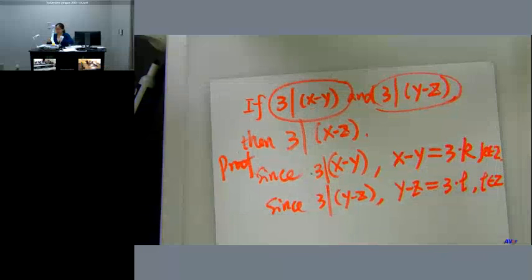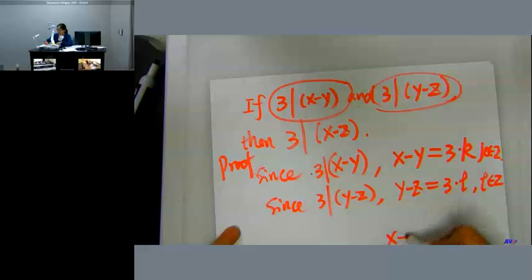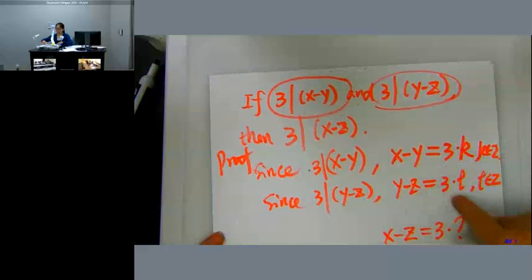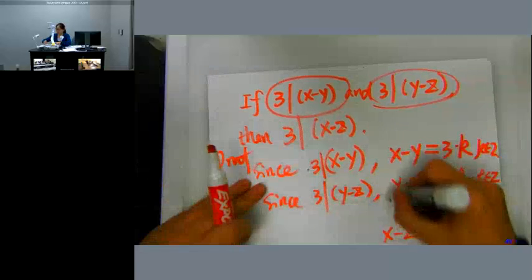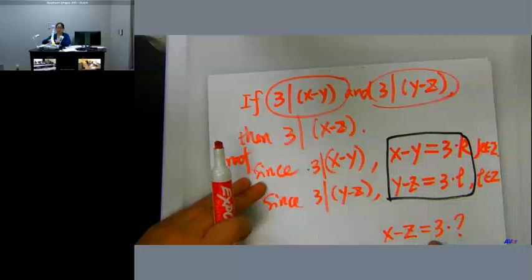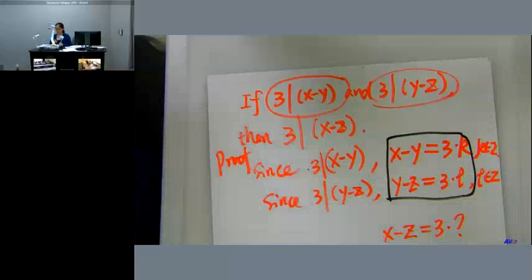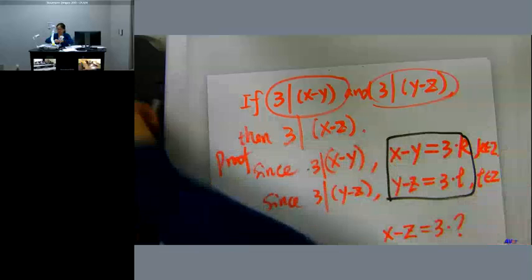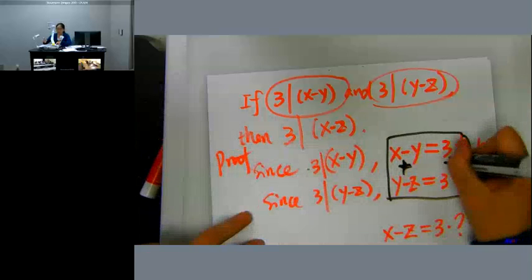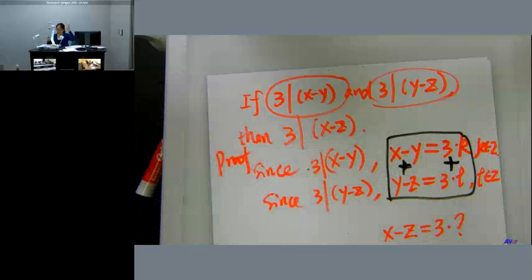Okay, how do I prove x minus z is also equal to 3 times an integer? By looking at these two, how do you come up with x minus z? Add them. Okay, so one way you can do is add them. James said we can add both sides. I know, Curtis, in the past, you like to do substitution. You can also do substitution.